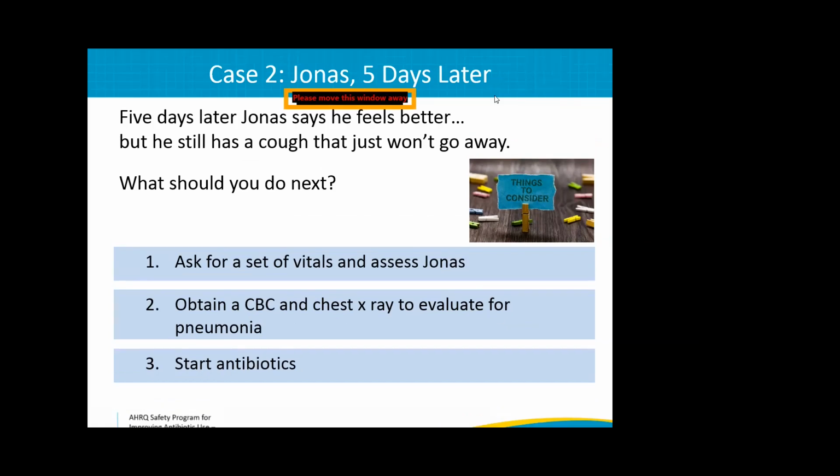Do we want to get a set of vitals and assess him again? CBC and chest x-ray to look for evidence of pneumonia, or do we want to start him on antibiotics? I will acknowledge that this question is a little bit tricky, and a couple of these are arguably right. But what would be the first thing, the best response of what to do next?